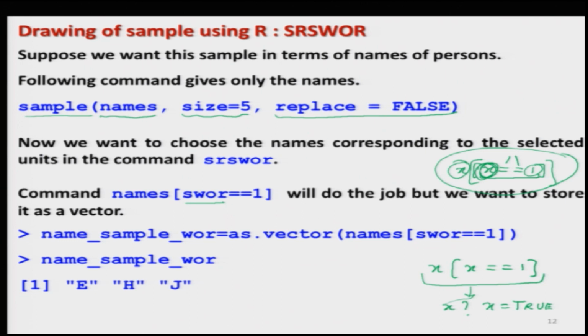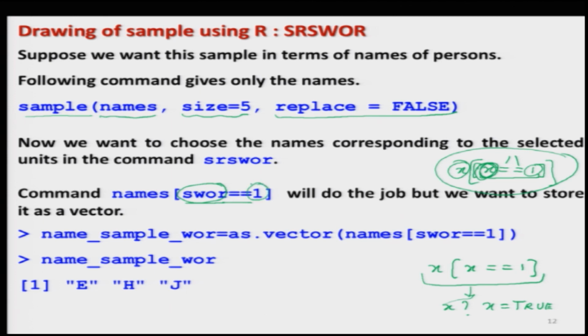So when I say SWOR double equality sign, that is the logical equality, is equal to 1, that means I am trying to find out all those values in the data vector SWOR corresponding to which the values are 1.